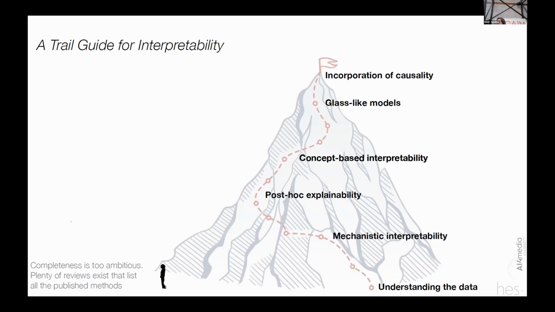And starting from the bottom of this high mountain, what we actually want to do is start from understanding the data. We want to first analyze the data. We want to make sure that we are aware of the limitations of the dataset collection that we're working with. And then we can go up on this ladder, and we can move from mechanistic interpretability, so trying to understand what each component of the model is doing, to post-hoc explainability, so working with a model that was already trained and trying to generate explanations for a user.